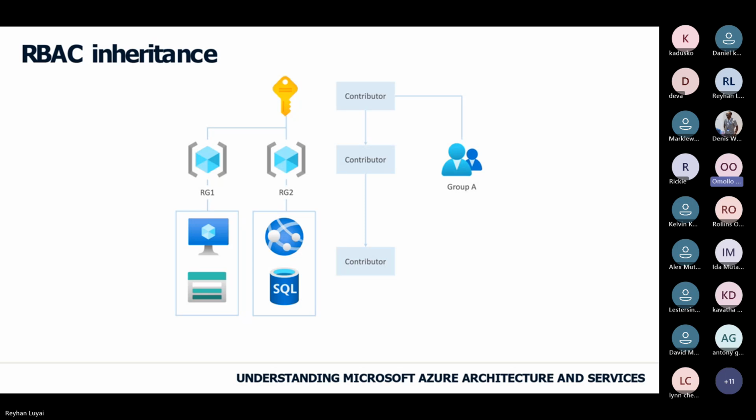So I will take all of them, put them together in a group, and then I assign them a role of contributor. You understand? So once I give them the role of contributor, everyone in that group will have a contributor assignment or role. And if I also assign each user there, for example, to a resource group, they will have access to everything that is there. So that is still on inheritance, to make it even more clear. Let's go to something next. Next slide.